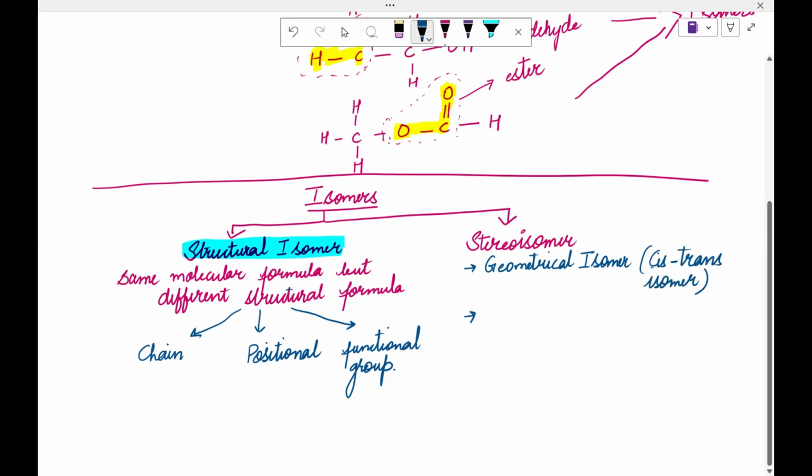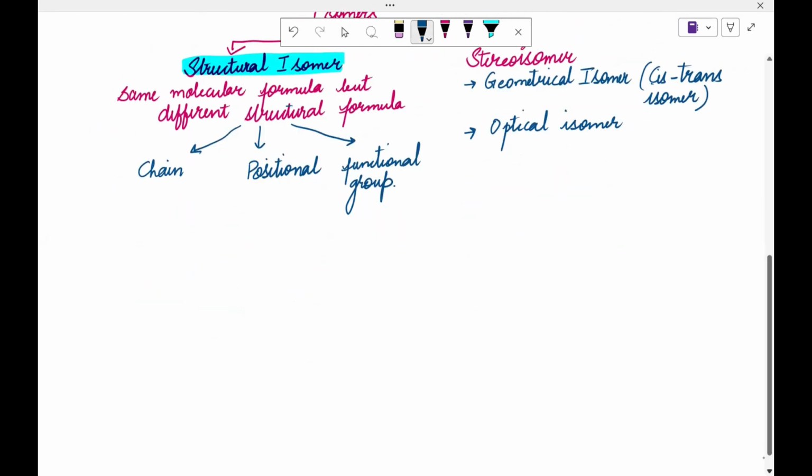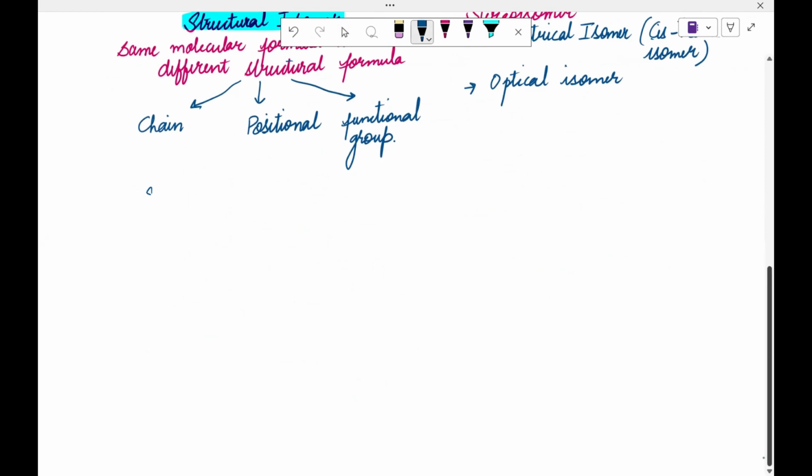And there is also another type, and that is optical isomer. So there are basically two types of stereoisomers. Now let's first discuss structural isomers and their types. Is the EZ isomerism what? EZ isomerism. Yes. Okay.